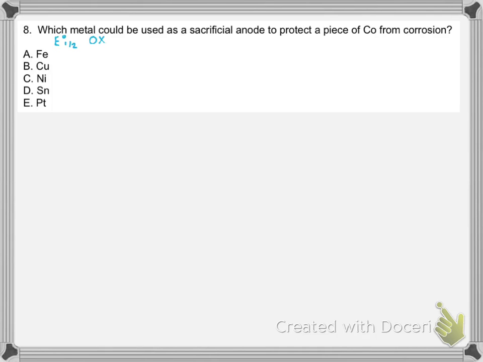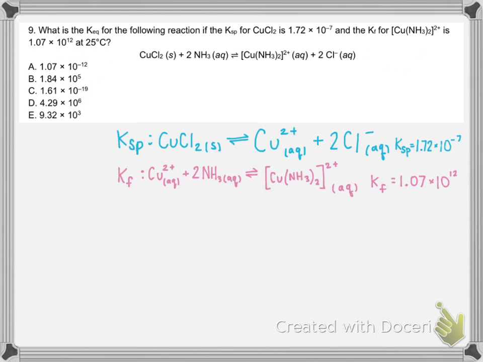So I'm going to write those in here. If we're looking for something that would be better at being oxidized than cobalt, we want something that would have a more positive oxidation potential, and that will be iron. So iron would be the best sacrificial anode to protect cobalt from corrosion.